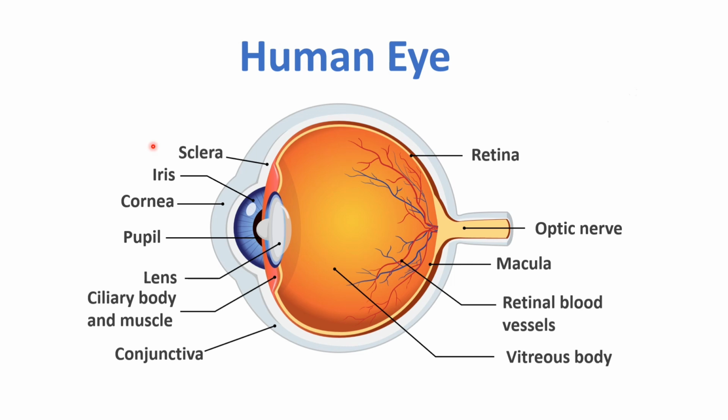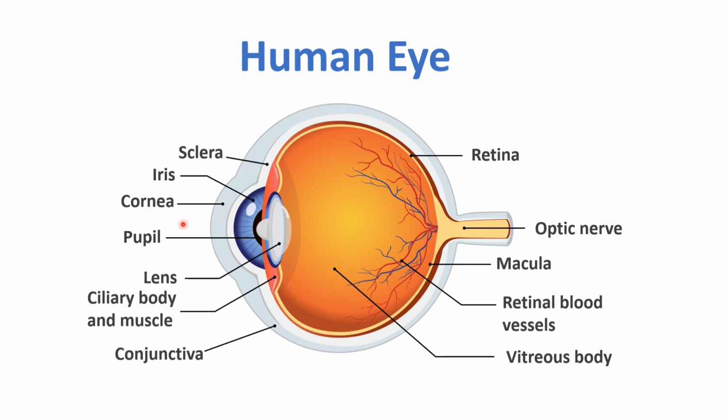Next we are going to see the function of the iris and pupil. The iris regulates the amount of light entering the eye, in daytime and nighttime.